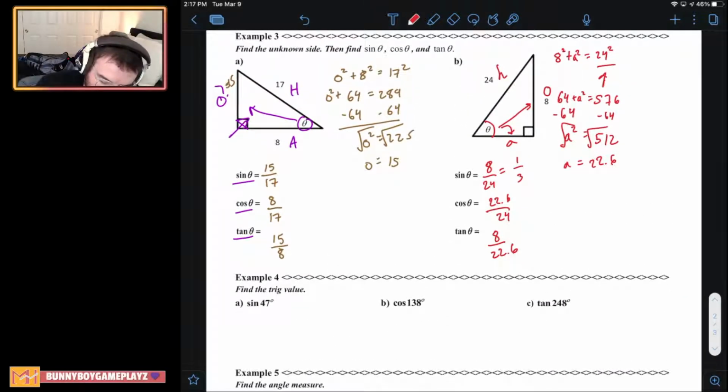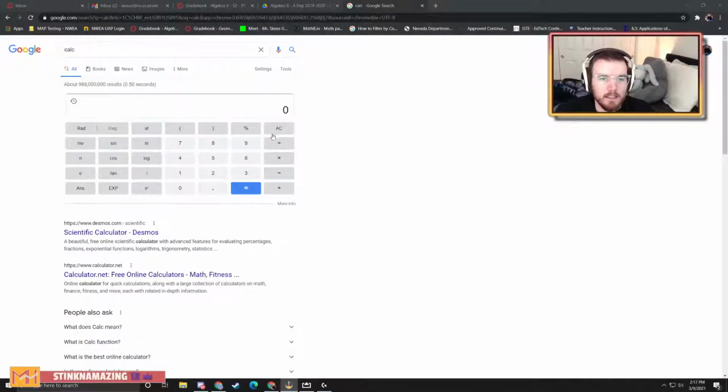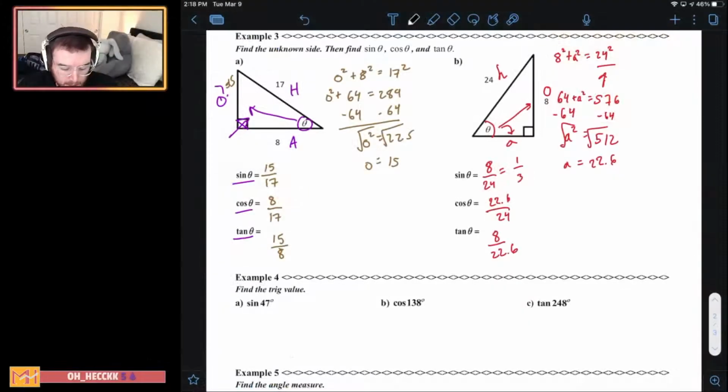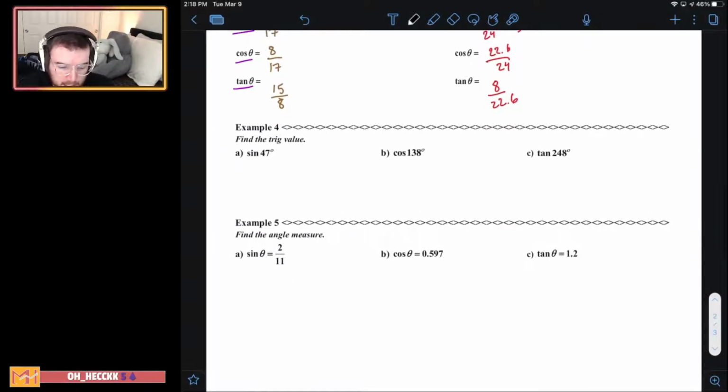So when you use your calculator to find sine of something, which is what the next questions are asking, sine of blah, cosine of blah, what it's finding is opposite over hypotenuse and adjacent over hypotenuse and all that.